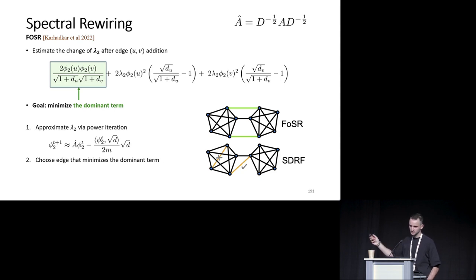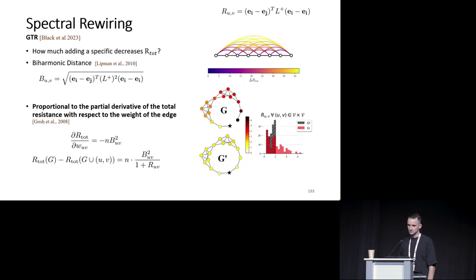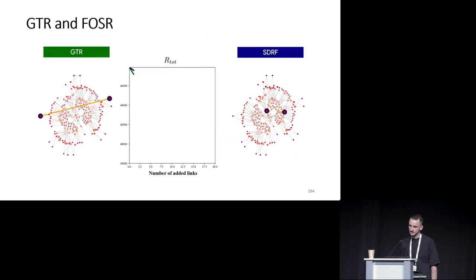You can just estimate the change of the spectral gap and do some kind of rewiring operation that increases the spectral gap in a preprocessing manner. Also the work by Black et al. computes how much the total effective resistance changes after adding one edge. And they add the edge that most reduces the total effective resistance.